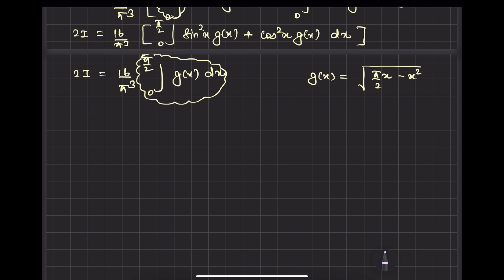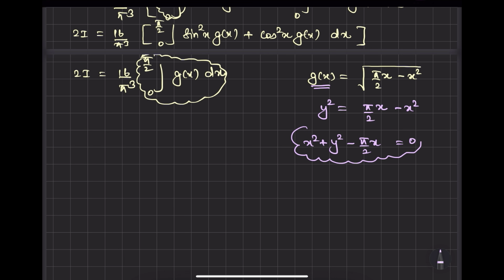Look at here. Suppose that I did squaring both sides. So can I write g of x as y? So it will become y square. Y square is equal to pi by 2 x minus x square. Now I'll keep everything on one side. So we will be having x square plus y square minus pi by 2 x equals to 0.